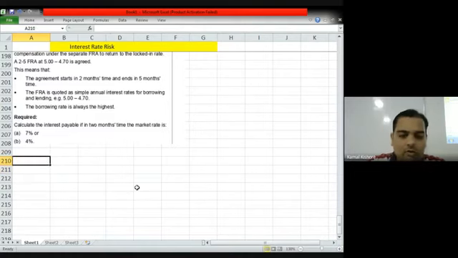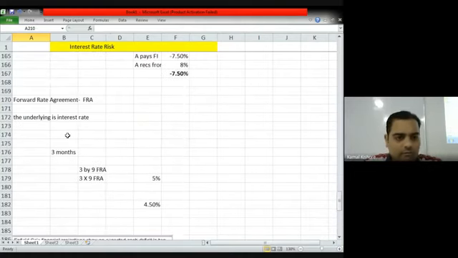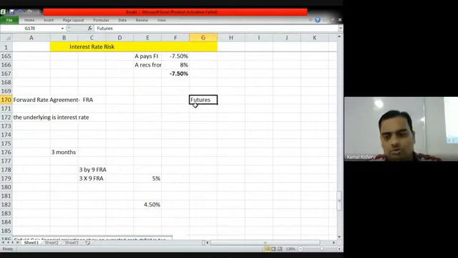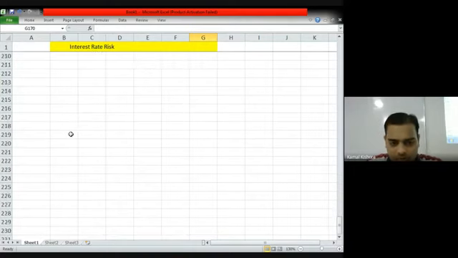The underlying is your interest rate. Something similar we have in futures, which we call interest rate futures.